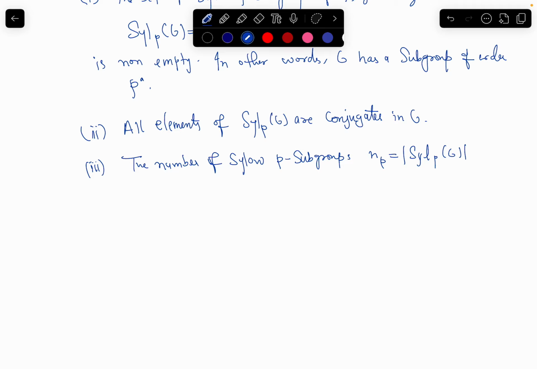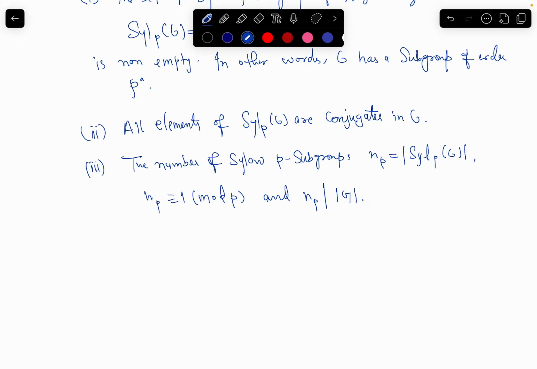Moreover, it satisfies that n_p is 1 modulo p, and n_p divides the order of G.